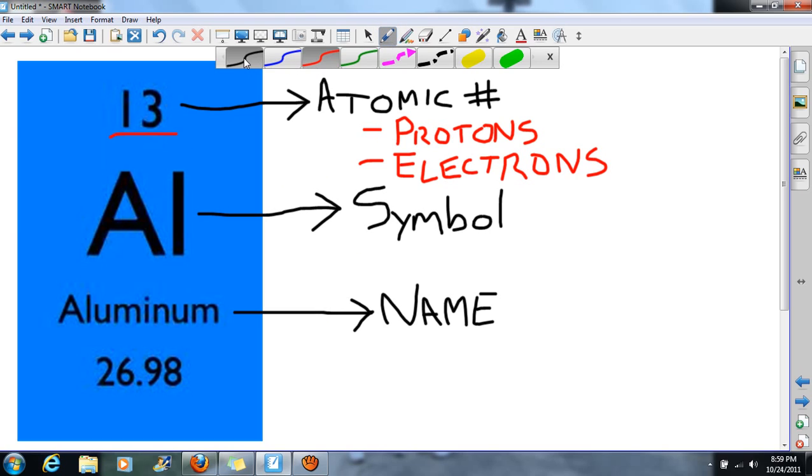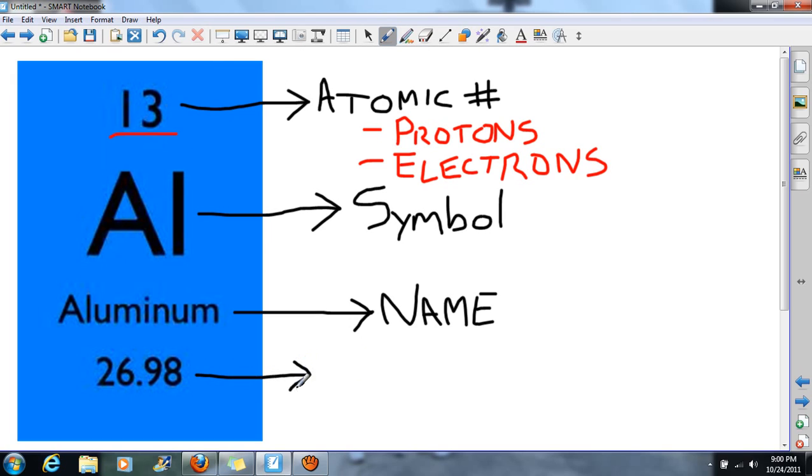The last thing we got is right down here, this 26.98, and this will be different. Just like the atomic number is different for every single element, this number down here is always different for every single element, and this is called the mass number. Mass, we always think of weight, so this lets us know the mass of the element.